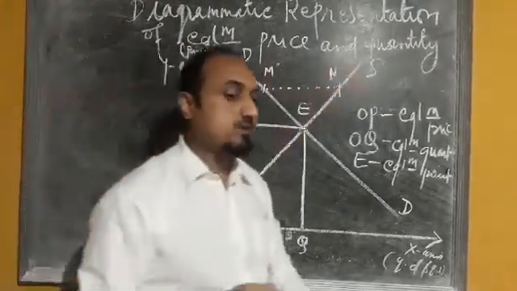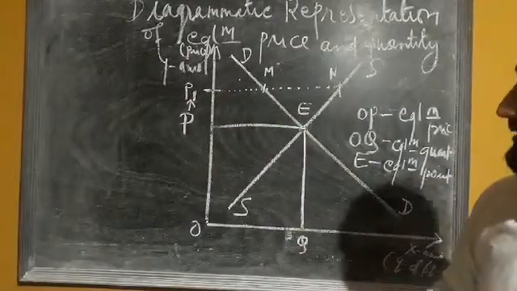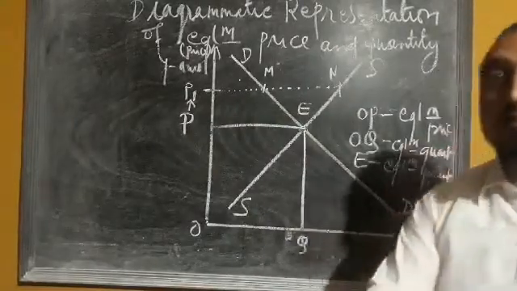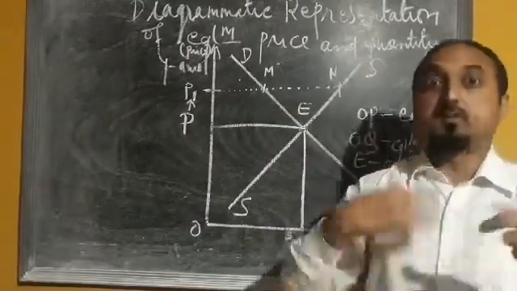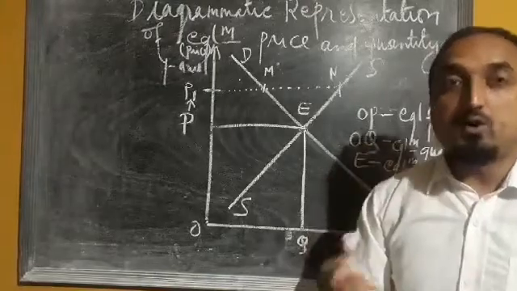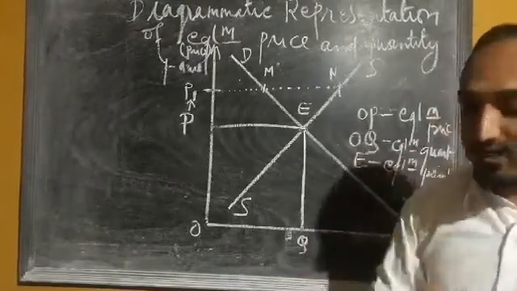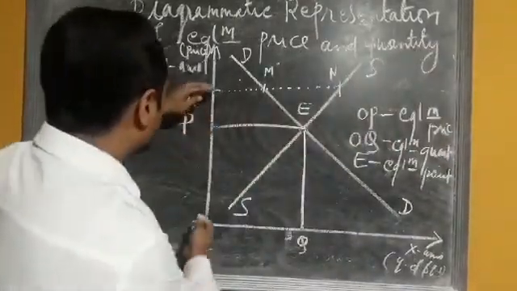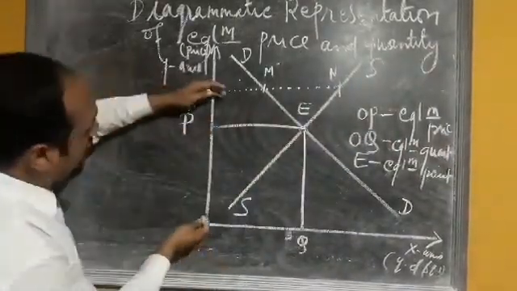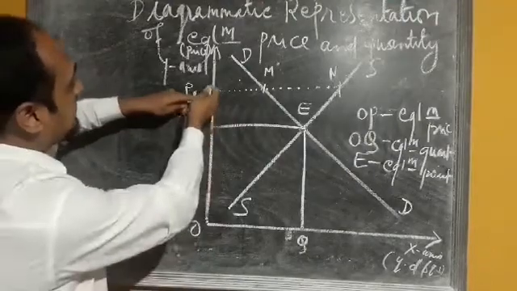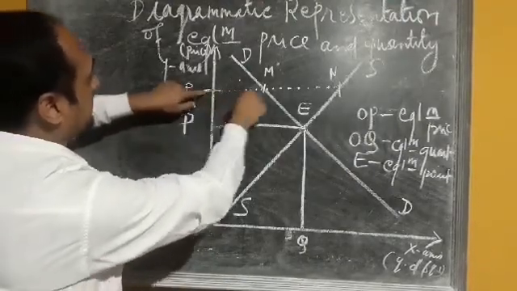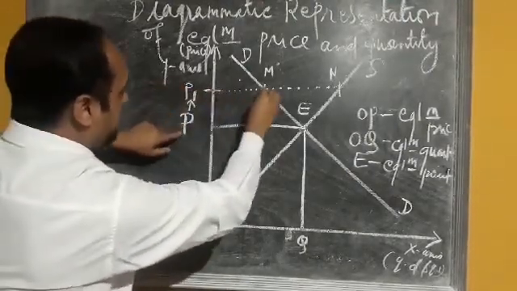Now here we have to see what the actual demand is and what the actual supply is. Is there a shortage of supply, or is there a situation of excess demand or excess supply? We have to check it. At this price OP1, let's look at the quantity demanded.